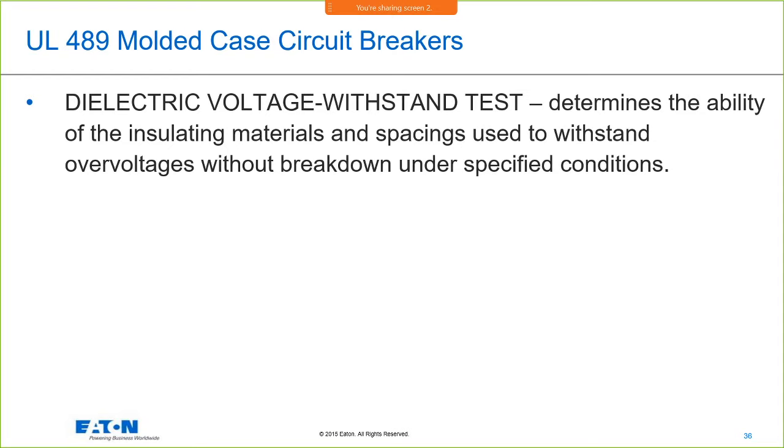Dielectric voltage withstand test. When you look at UL 489 and other standards, we do what we call a dielectric voltage withstand test. That means as you raise the voltage for those transient events, I saw somebody up there on TubeLand asked a question about transient voltages and things like that.